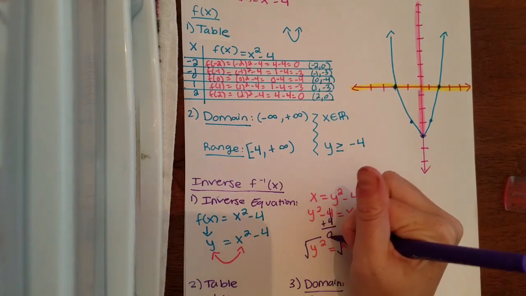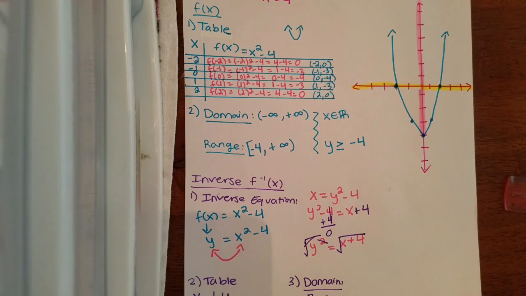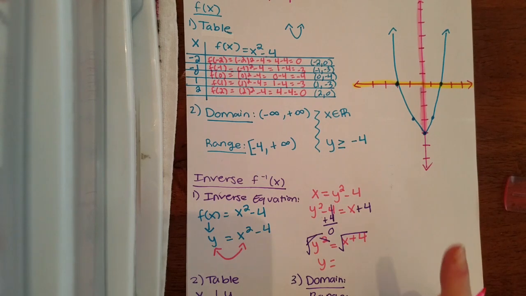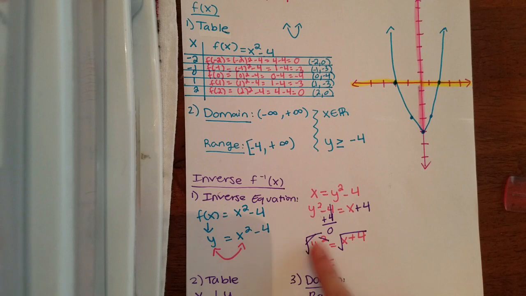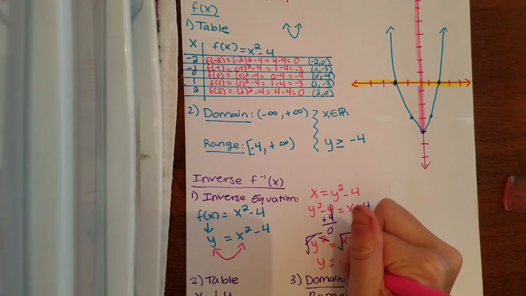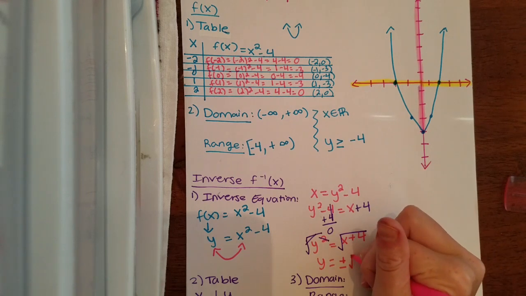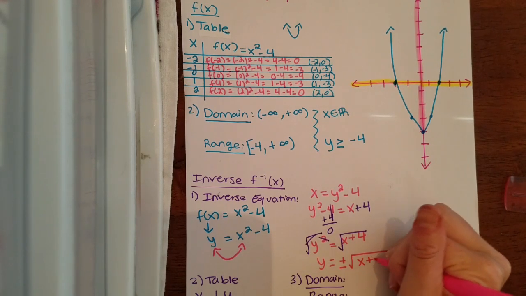So the square root will cancel out the squared, so you're just left with y on this side, equals, now, don't forget from that example 3 video, whenever you square root both sides of an equation, a plus or minus must pop up, always. So this will be plus or minus the square root of x plus 4.